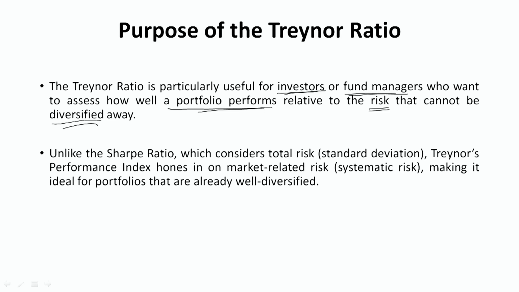Whereas the difference between the Trainers ratio and the Sharpe ratio is that the Sharpe ratio takes into consideration the total risk, as I told you, both systematic and non-systematic, diversifiable and non-diversifiable risk. Whereas in this particular index we are going to use only market related risk, which is called the systematic risk.